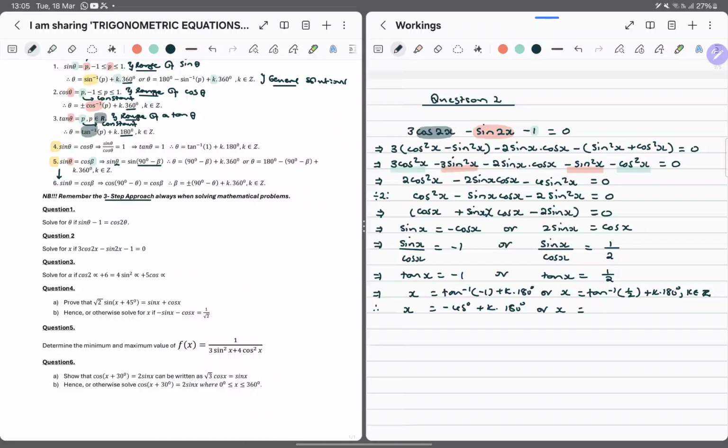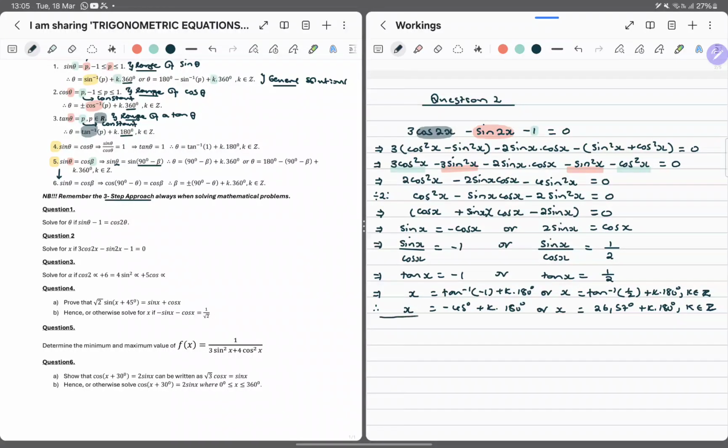Arctan of 0,5 is 26,57 degrees to 2 decimal places plus k times 180 degrees, where k is an element of integers.